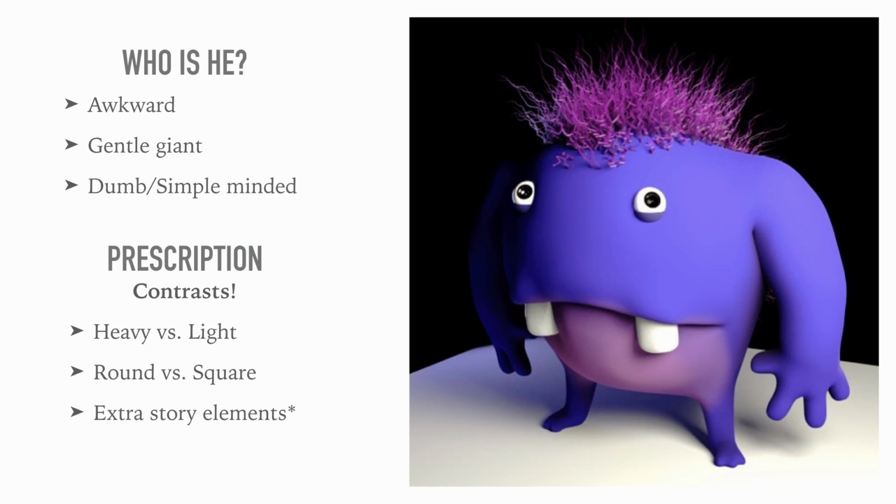And I made new characters, new proposals of characters based on those keywords and trying to fix the problems that we saw before. My prescription to fixing this is, of course, adding contrast, and I'm proposing heavy versus light, round versus square, and maybe some extra story elements, so there's more to this character. Maybe add extra layers so there's more to read and add some extra interest to the character.